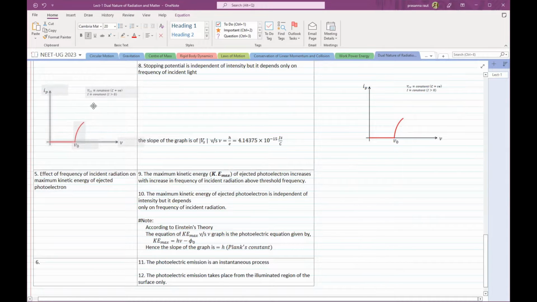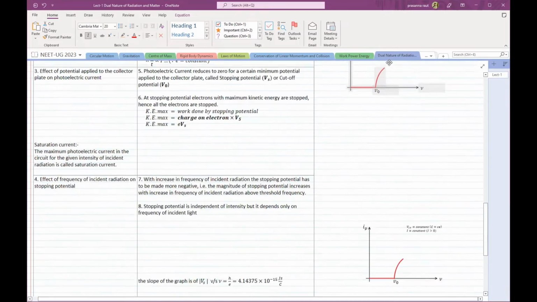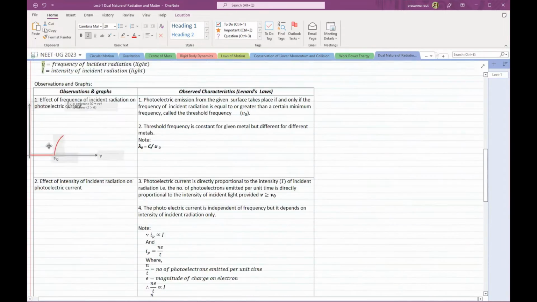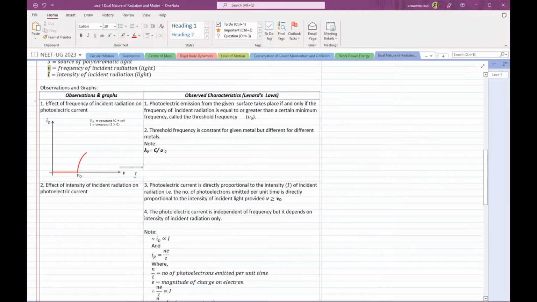Now what is this graph all about? This graph shows that as you increase the frequency from 0 to some maximum value, frequency is plotted on the x-axis, that is our independent variable, and photoelectric current is plotted on the y-axis.